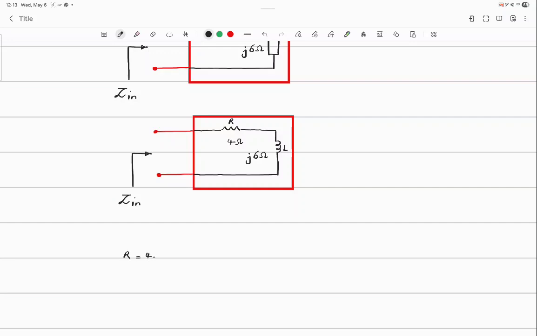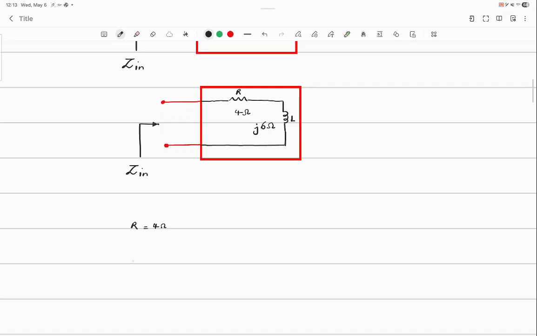4 ohm, very easy. What is the value of L? So what we know is that j omega L is equal to j6. Do you agree with that? That's the impedance of the inductor. So how can I find L?